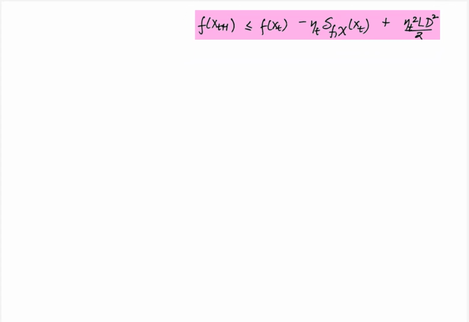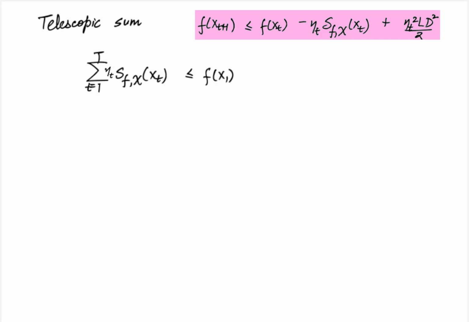We have used up all the properties, so now we can just carry out the telescopic sum, which yields that the summation over t equal to 1 to capital T of eta_t into S of x_t is less than or equal to f of x_1 minus f of x_{T+1} plus L D squared by 2 times the summation over t equal to 1 to capital T of eta_t squared.